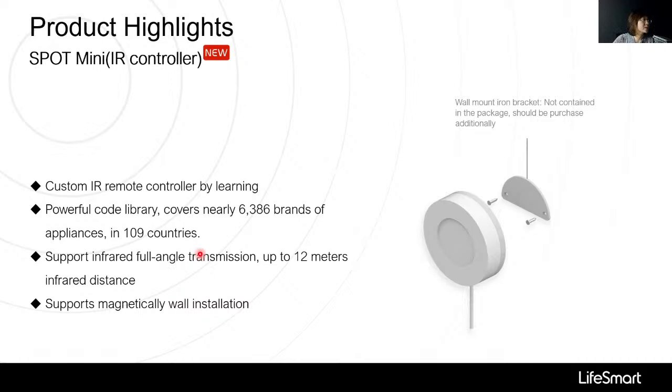Then I will introduce the Spot Mini. It's an IR controller, and the Spot Mini is our new product. It supports learning the infrared signal, and it can support a powerful code library, covering nearly all major brands. It supports infrared 4-angle transmission up to 12 meters.